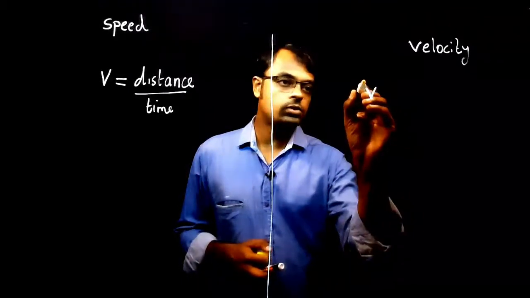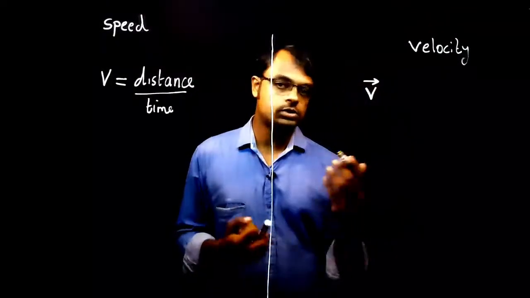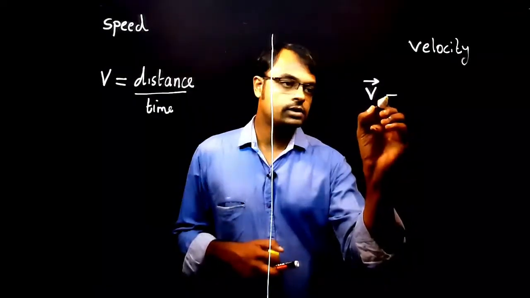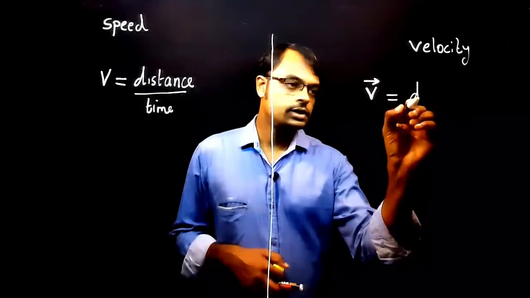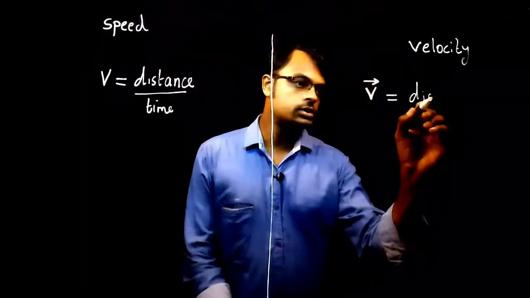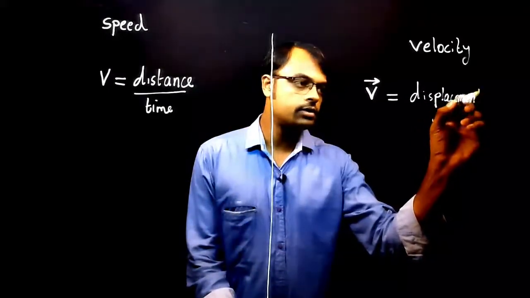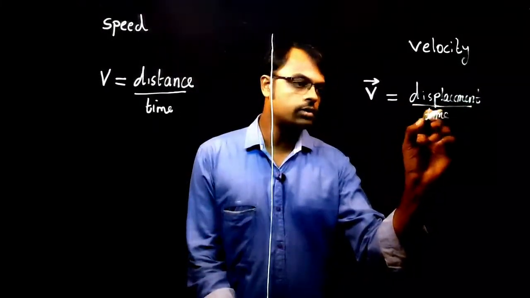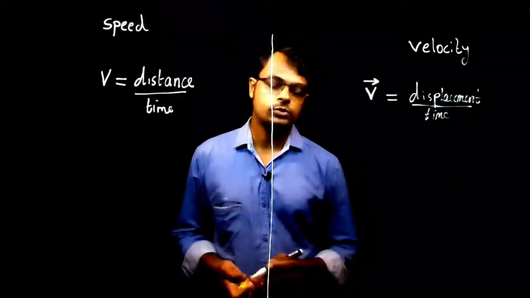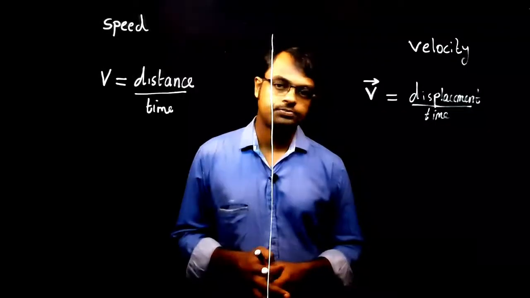Velocity we can denote as v bar, or write it as v vector, because it's a vector quantity. The formula is v vector equals displacement, not distance here, divided by time taken. So this is a main difference between speed and velocity.